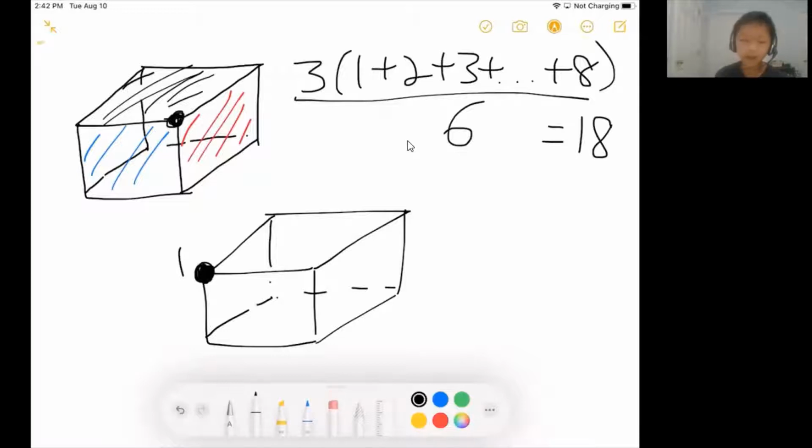Now let's consider the 3 vertices that are adjacent to the vertex labeled 1. I'll do it in blue.